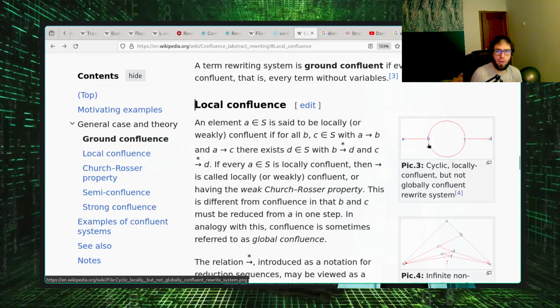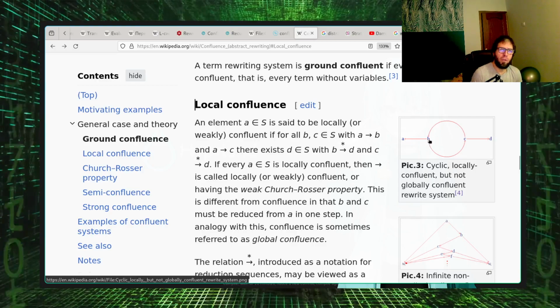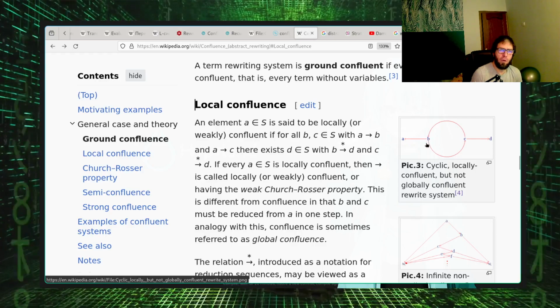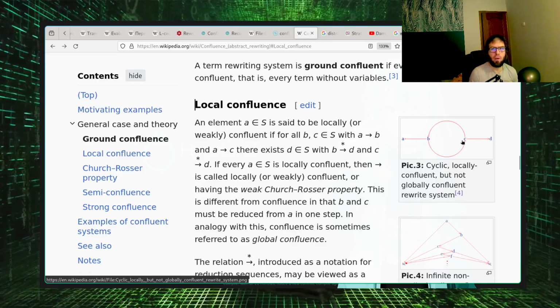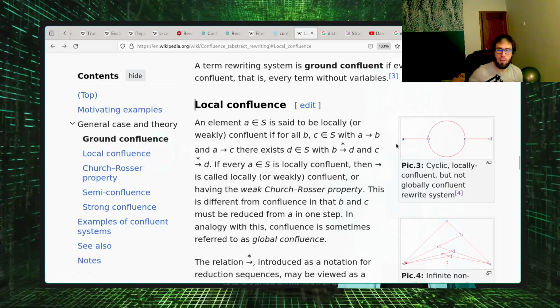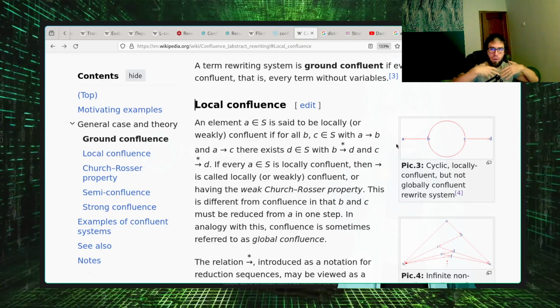If we look at B, we can see that we can, for example, go from B to A, and we can go from B to C. Okay, we have this pair, but from A we can go to A again, and from C we can go to B and A, so they do confluence into one point.